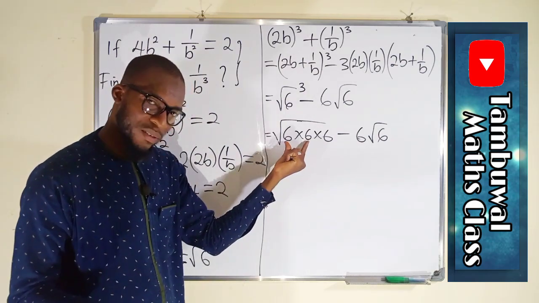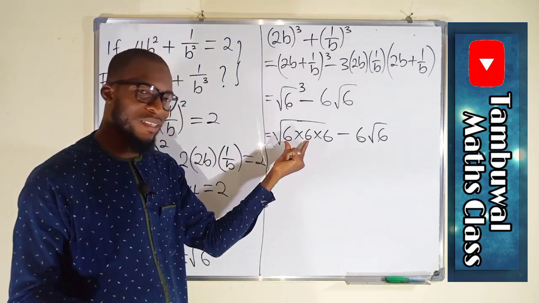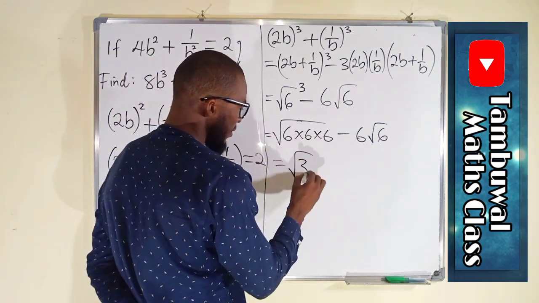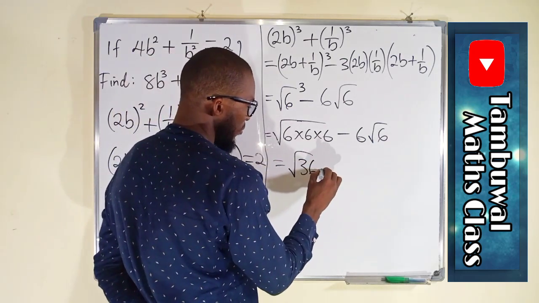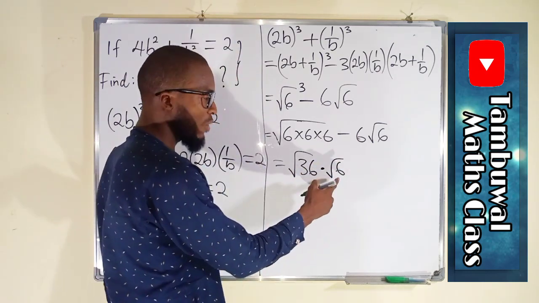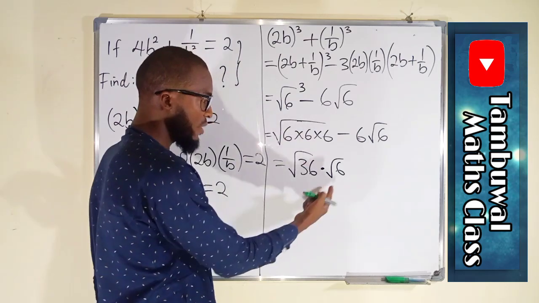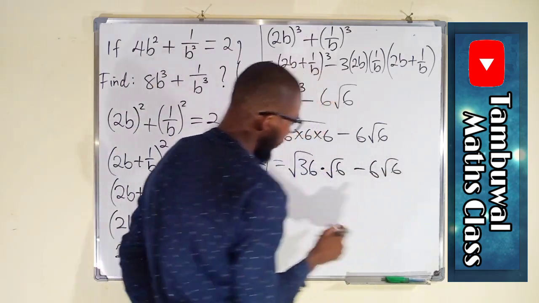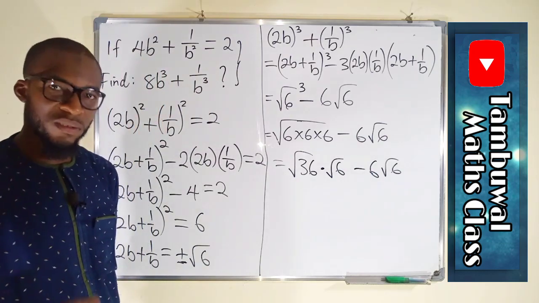The first two 6s, if you multiply them together, you shall get 36. So we can say this is the same thing as root 36 multiplied by root 6. In short, it can be written in this form, minus 6 root 6. Root 36 is 6.